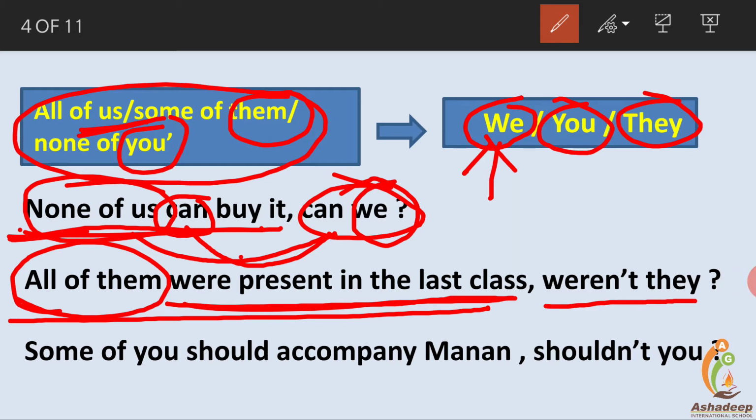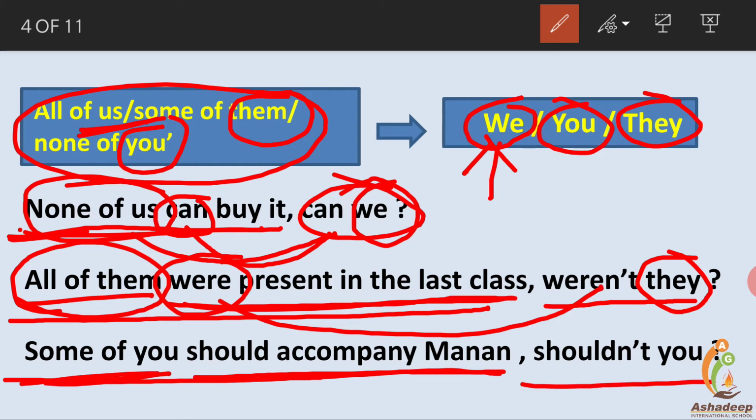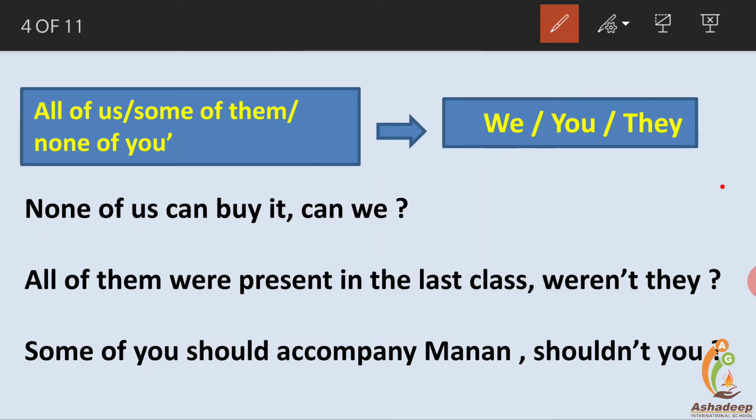How? The auxiliary verb is given clearly, so were, negative form weren't, and all of them, they is the pronoun used for them. Some of you should accompany Manan. The sentence is positive, question tag negative. It's a modal structure, so the negative form of should, shouldn't, and some of you means you is the pronoun used here, shouldn't you. This way question tags are used.